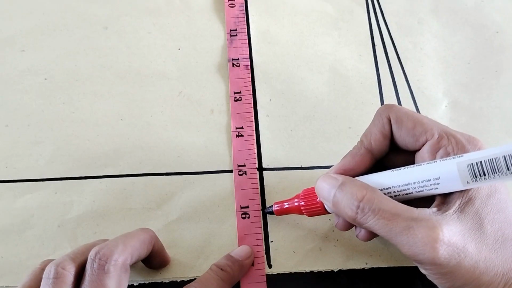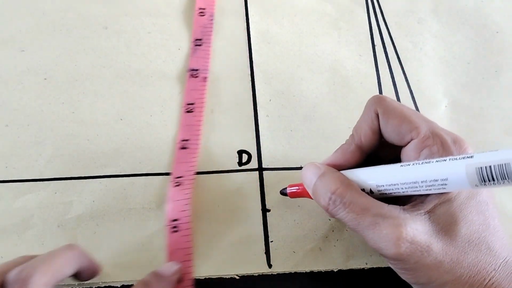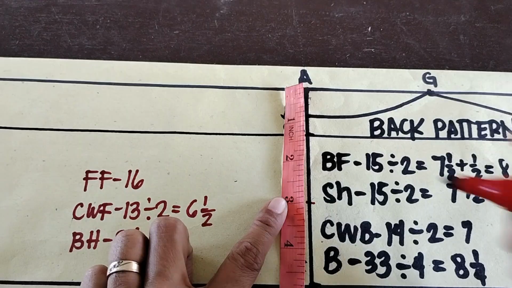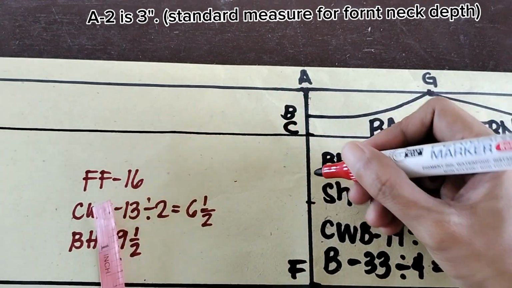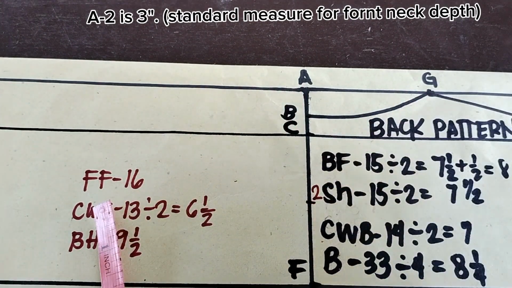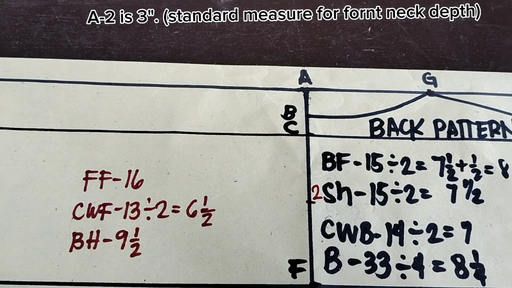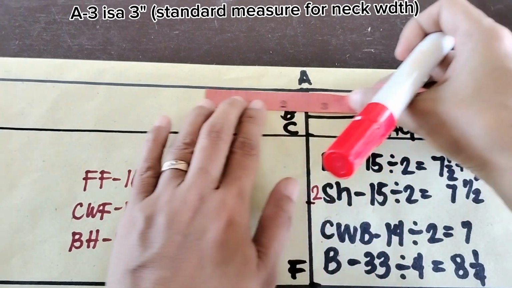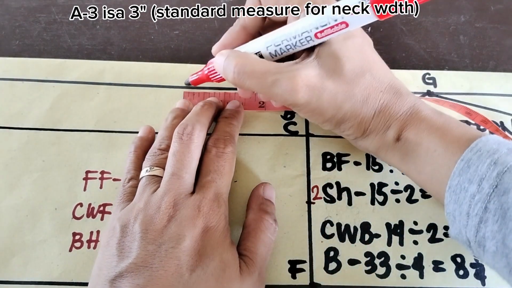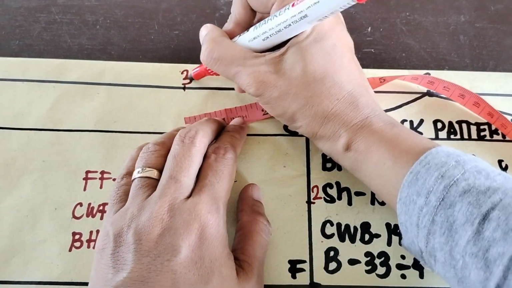The sample measurement is 16 inches, and I will mark it point 1. Then A to 2 is 3 inches as standard neck depth for front. And then A to 3 is 3 inches, same measure with A to G. So this is point 3.